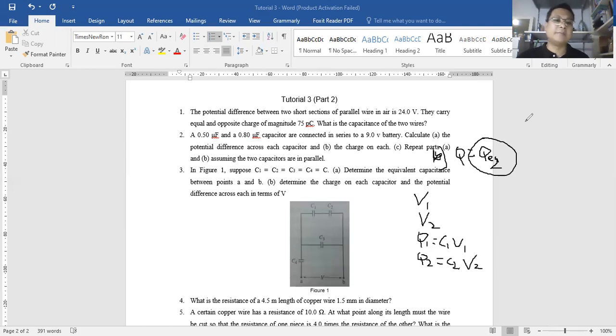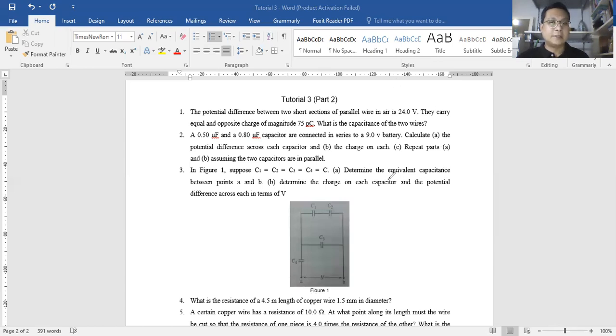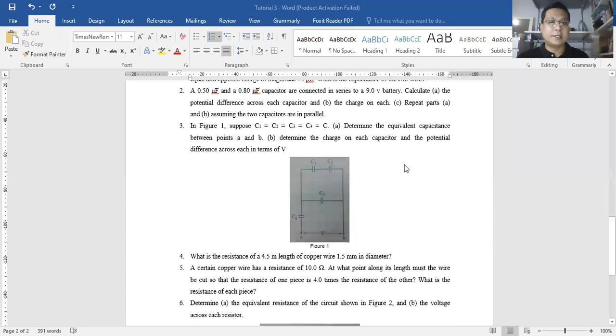For question number 2, okay. Now for number 3, you should follow the figure to answer the question. We have this one in series, and this series is parallel to the C3. So be careful to answer question number 3.